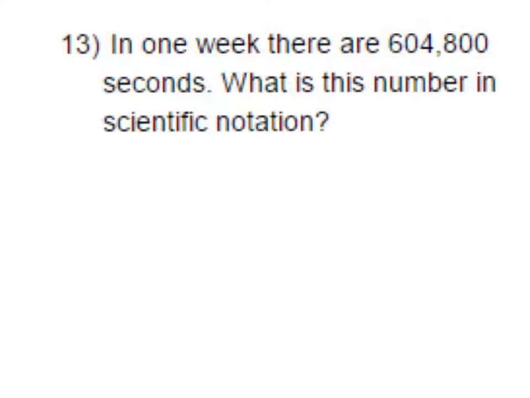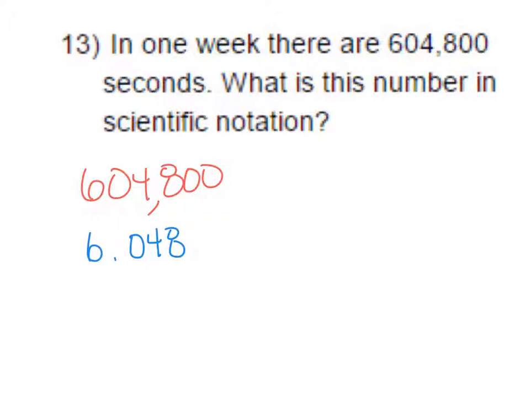Number 13, in 1 week there are 604,800 seconds. What is this number in scientific notation? So again, 3 steps. 1, we have to start with our number, putting the decimal point in the proper place. So we have 6.048. Remembering that we need to keep this 0 because it's in the middle of the numbers. We can't just drop it like we can the ones at the end.